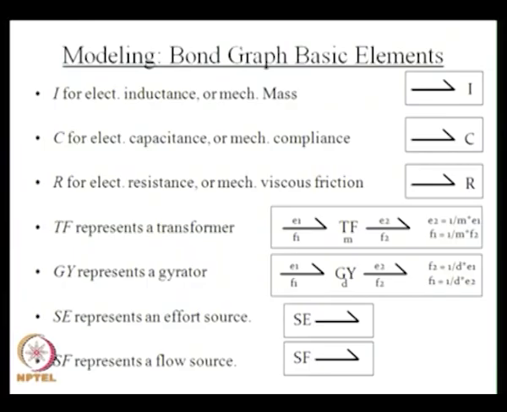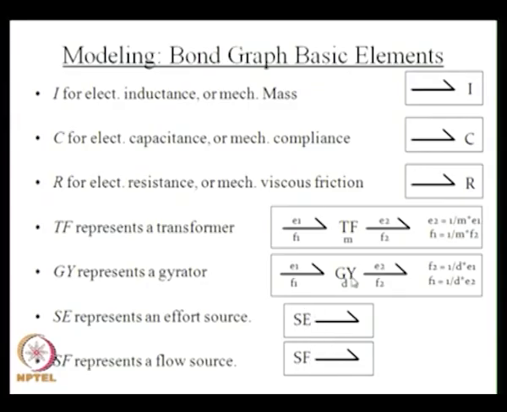Then you have a source flow, or the flow source, which is represented by SF, where you have a current source or a flow source like a hydraulic flow or any other flow input. So you have source effort and source flow, which represent the input sources to the system.